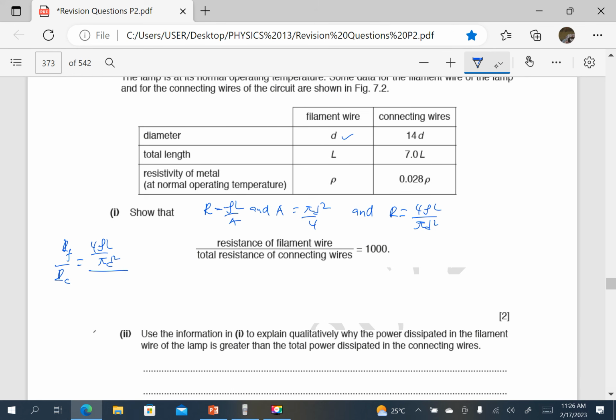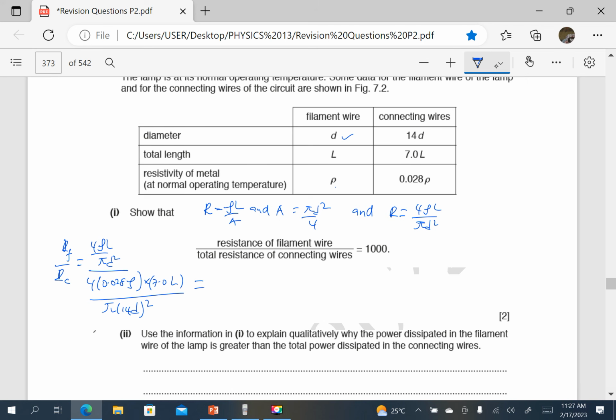Divided by the connecting wires, which will be 4 times the resistivity, given as 0.028 rho, times the length, which is given as 7.0 L, divided by pi times the diameter, which I'll put as 14D, squared. I'm now going to simplify.